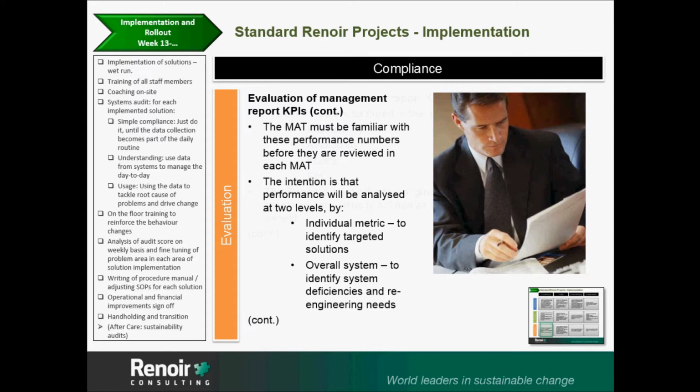The MAT must be familiar with these performance numbers before they are reviewed in each MAT meeting. The intention is that performance will be analysed at two levels: by an individual metric to identify targeted solutions, and the overall system to identify system deficiencies and re-engineering needs.